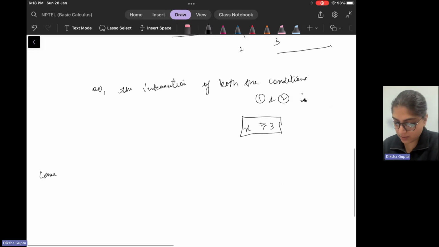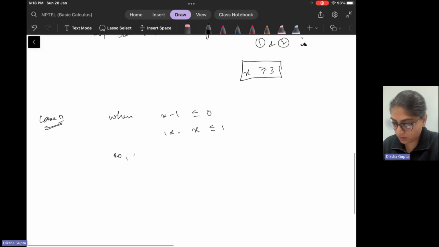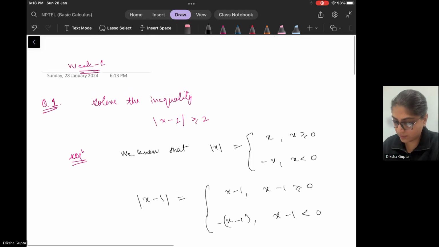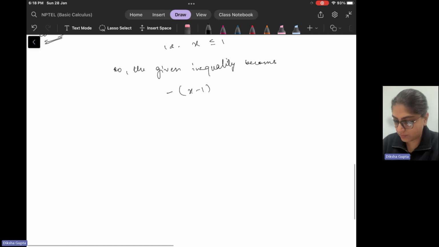Now case 2 can be when x minus 1 is less than equal to 0, that is when x is less than equal to 1. So the given inequality becomes minus of x minus 1 greater than equal to 2, right?